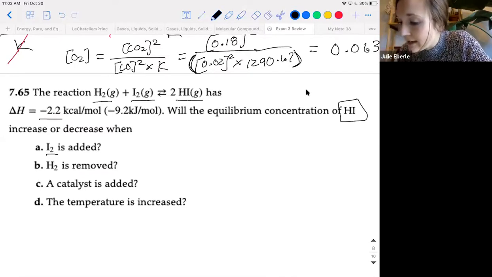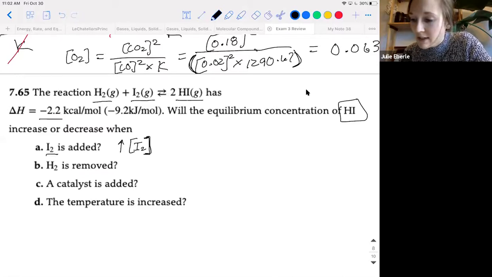If we add some of a reactant, if we increase the concentration of I2, what would happen to HI? Well, what does Le Chatelier's principle say? If we increase the concentration of a reactant, iodine here is a reactant, we will use up some of that reactant. We're going to shift equilibrium towards products.